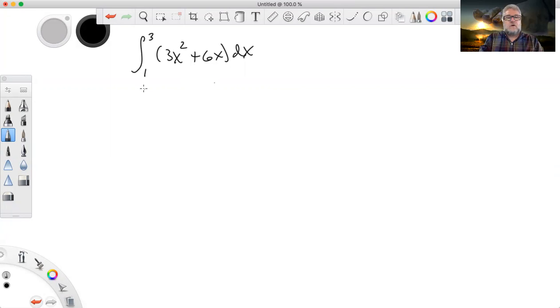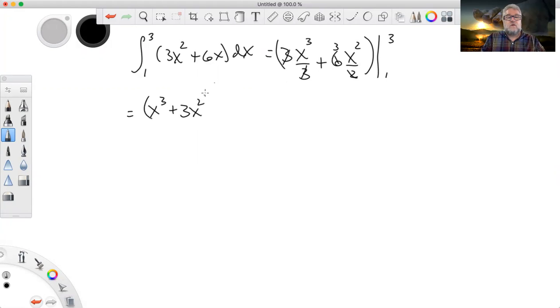Okay, so the integral of this is going to be, let's see, this is just x to the n plus 1 over n plus 1, all evaluated from 1 to 3. The 3's will cancel, the 2 will cancel and leave a 3 behind. So this is x cubed plus 3x squared, evaluated from 1 to 3.